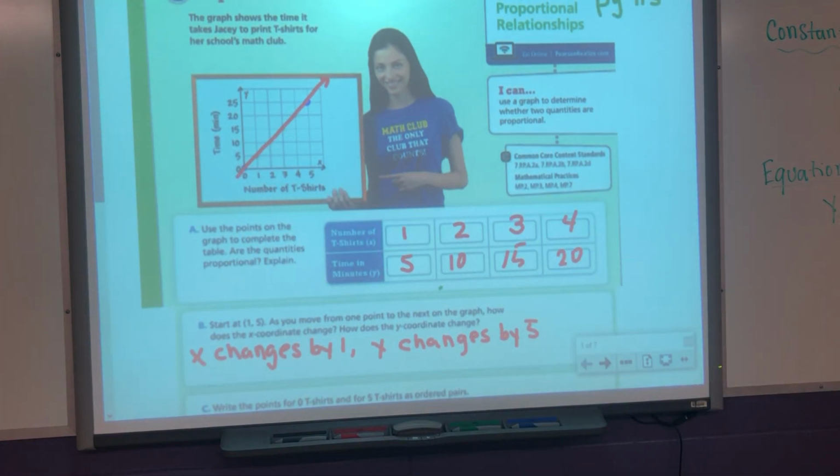So the graph of a proportional relationship must be a straight line and it must go through the origin.